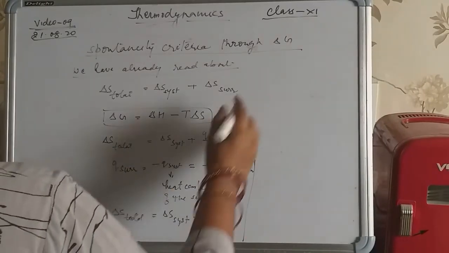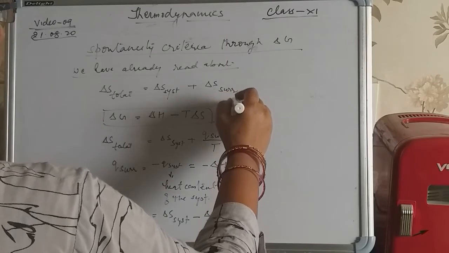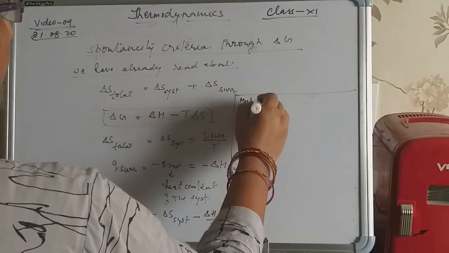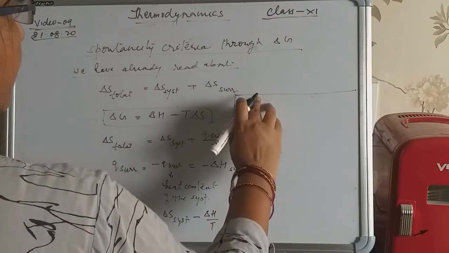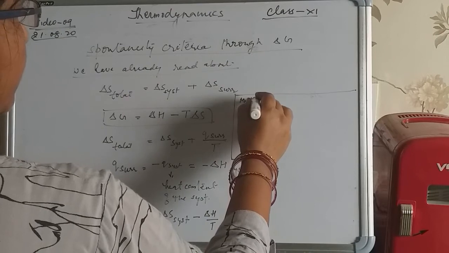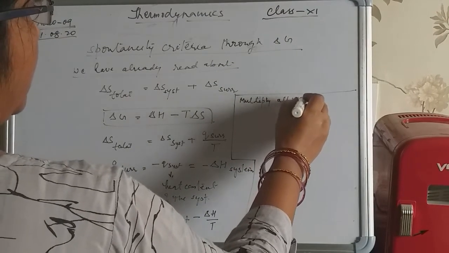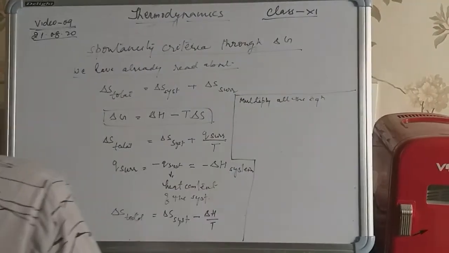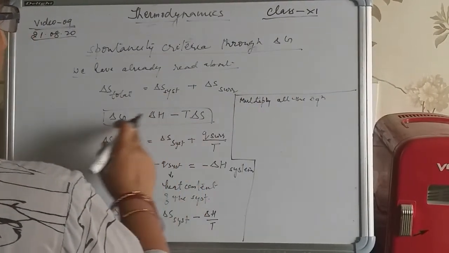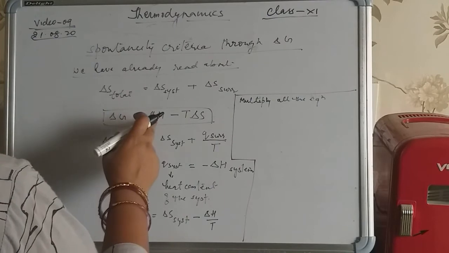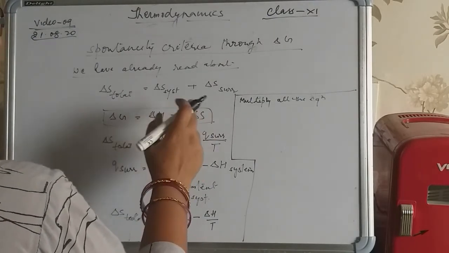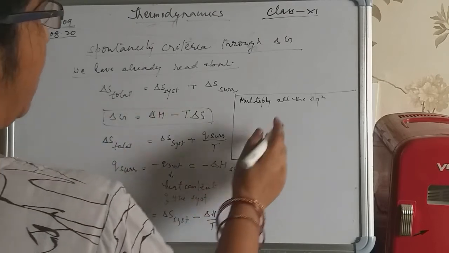Multiply all the equation with the surrounding temperature, because T is the surrounding temperature. We know that Gibbs energy, enthalpy change and entropy change are for the system, but temperature is for the surrounding.